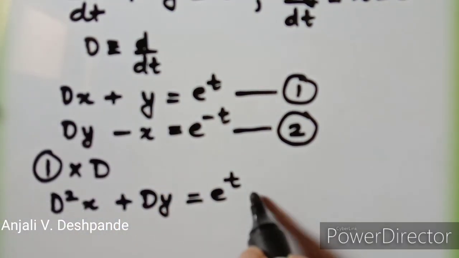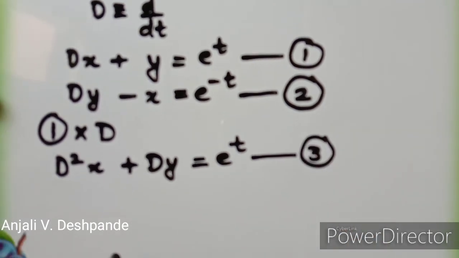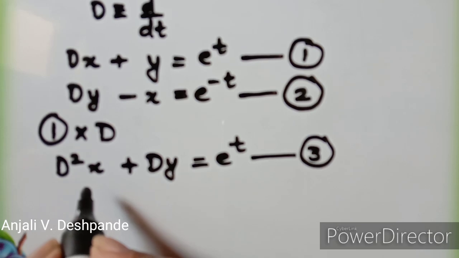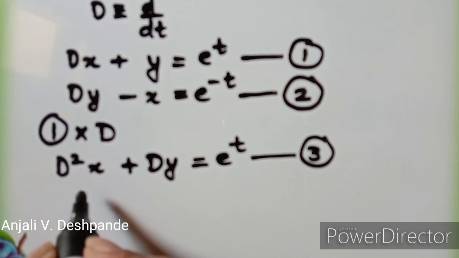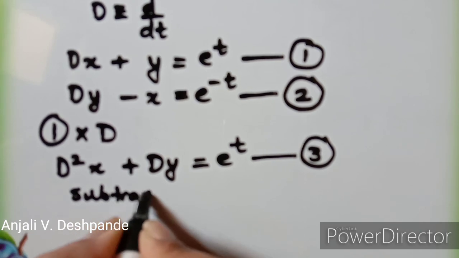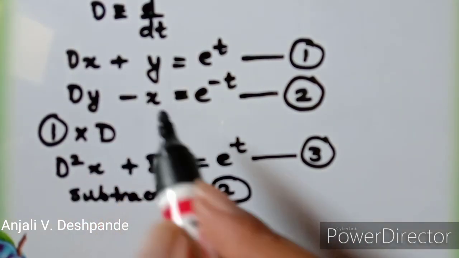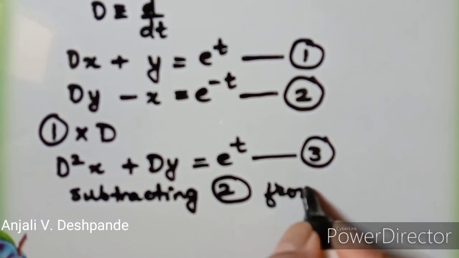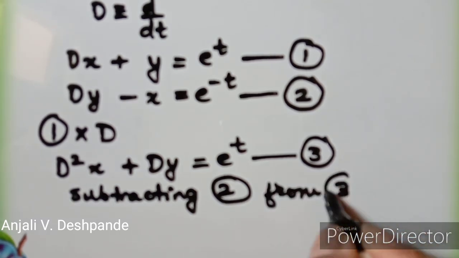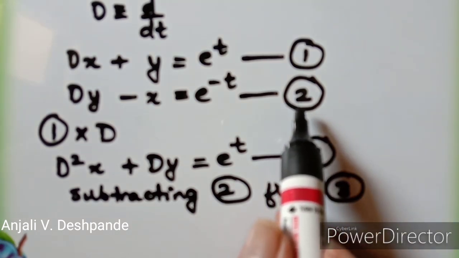Now we will call this equation 3. Now we will subtract 2 from 3. We are going to subtract 2 from equation 3, or in other words we are doing 3 minus 2.